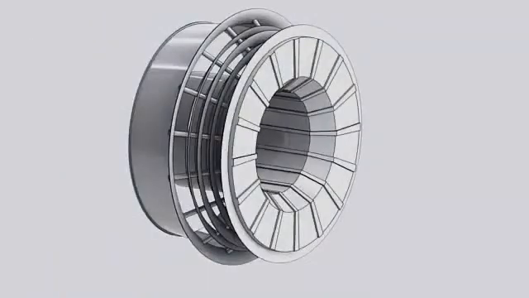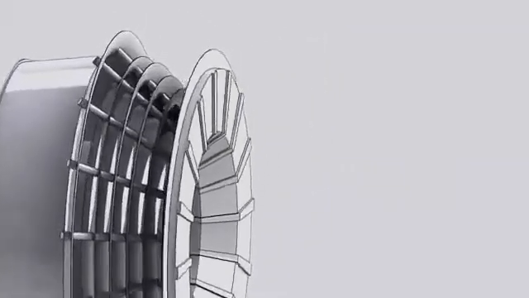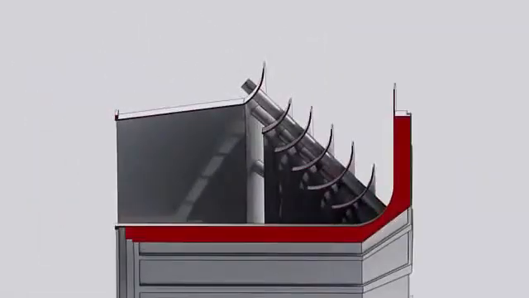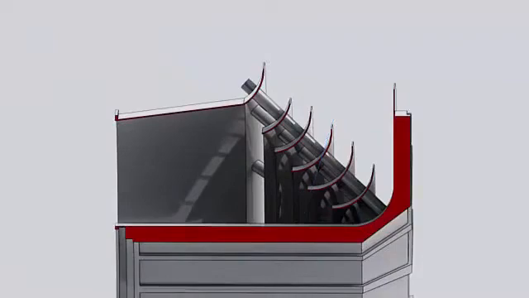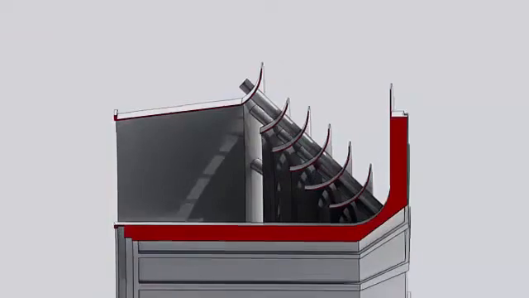The exhaust diffuser is located at the extreme aft end of the gas turbine, bolted to the exhaust frame. The exhaust diffuser is a fabricated assembly consisting of an inner cylinder and an outer divergent cylinder. This divergent configuration reduces the exhaust gas's velocity and increases its pressure.